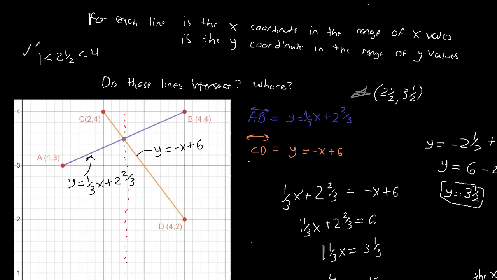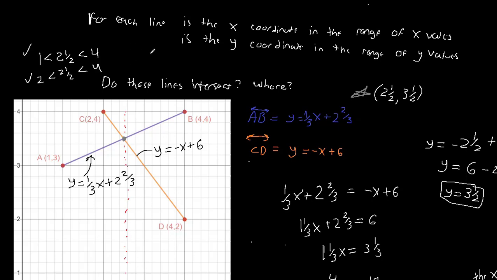Check. Then we do the same thing for line CD: is 2 less than 2.5 less than 4? Check. So now we've proven that our x-coordinate is in the range of both of the lines.